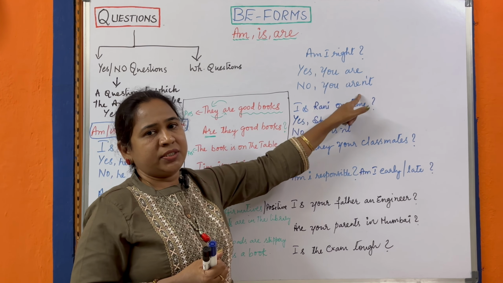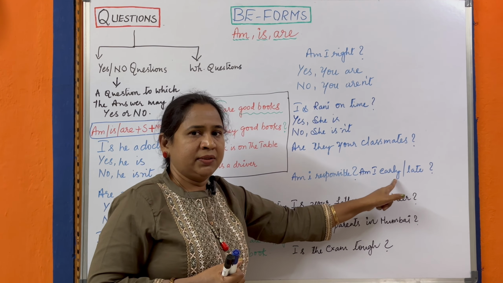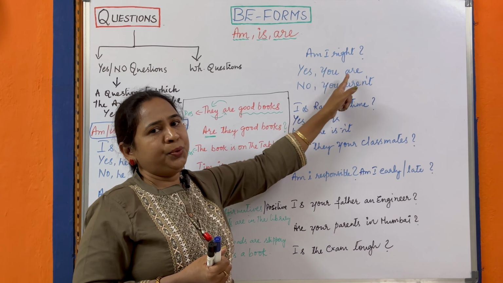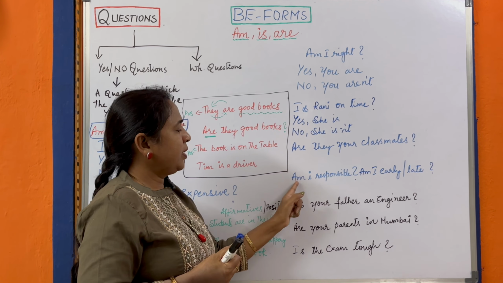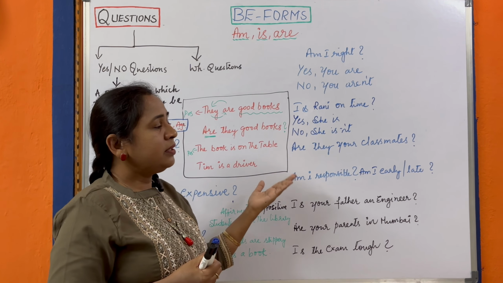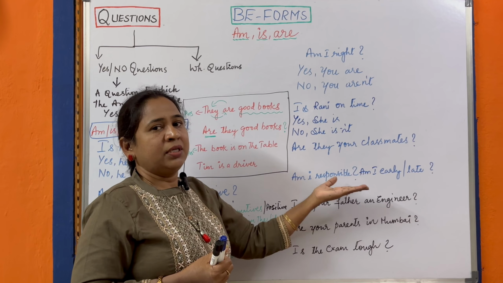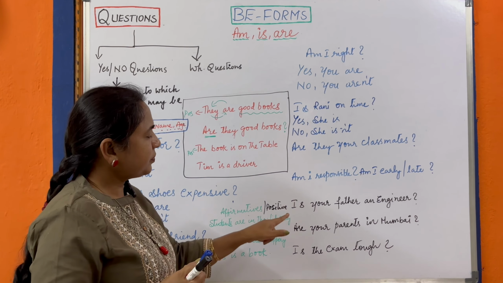No, you aren't. Got it? Am I early? Yes, you are. No, you aren't. Am I late? Am I late for the meeting? Yes, you are. No, you aren't. Got it? Hope you are writing.